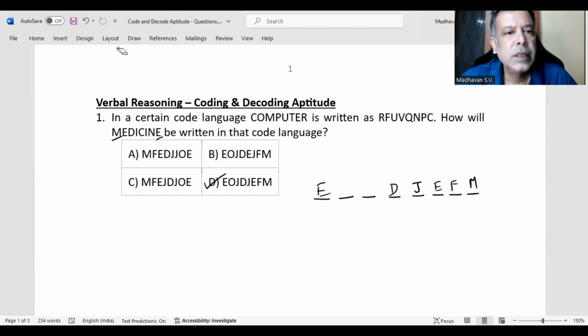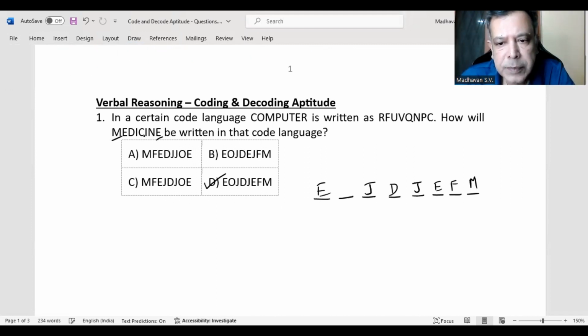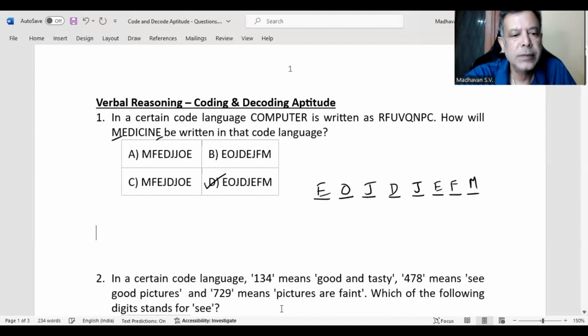Now coming back to this: for C, the next letter is D. For I, it should be J. For N, the next letter should be O. Now we may notice that it tallies exactly with option D. So we verified it. Let us move on to the next one.